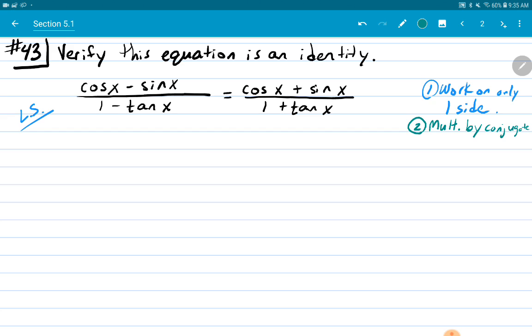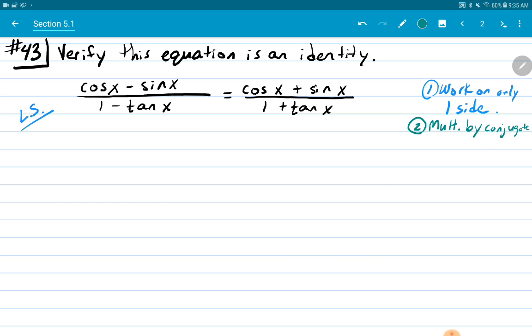I have to choose either the conjugate of the numerator or the denominator because I need to multiply by a form of 1. So I'm going to choose the denominator.